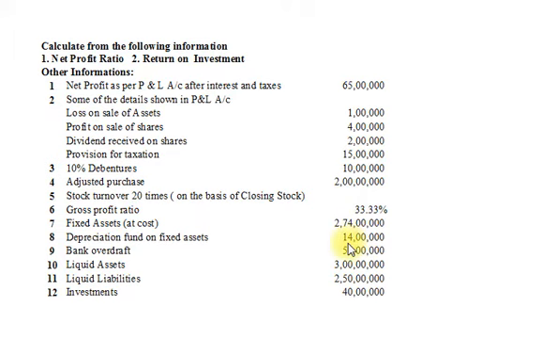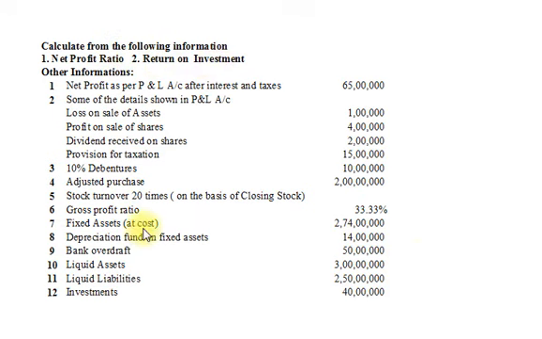Depreciation fund on fixed assets rupees 14 lakhs. Bank overdraft rupees 50 lakhs. Liquid assets rupees 3 crore and liquid liabilities rupees 2 crore 50 lakhs. And finally, investments worth rupees 40 lakhs. From this information, we are asked to calculate net profit ratio and return on investment.